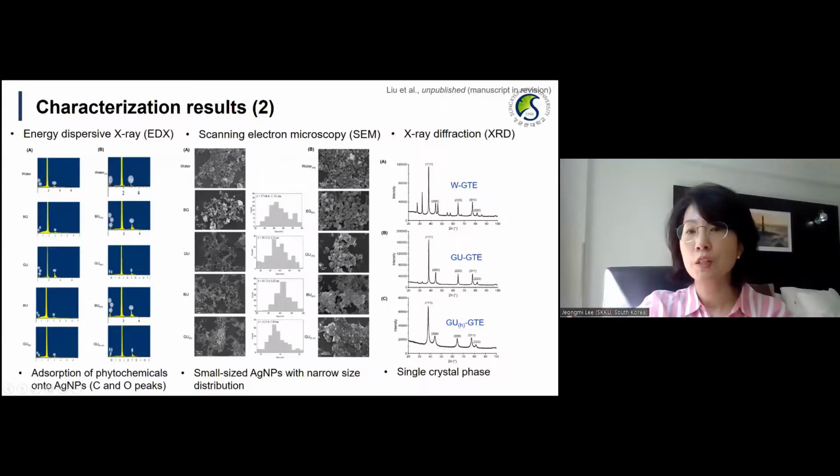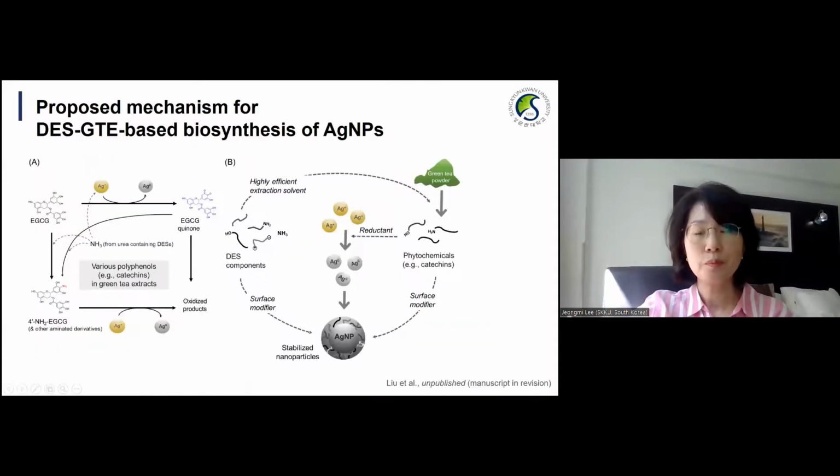And this X-ray diffractogram suggested that DES-based GTEs were very effective for producing silver nanoparticles with a single crystal phase. In contrast, the conventional method using just aqueous-based GTE could produce silver nanoparticles and also silver oxide nanoparticles, so not single phases.